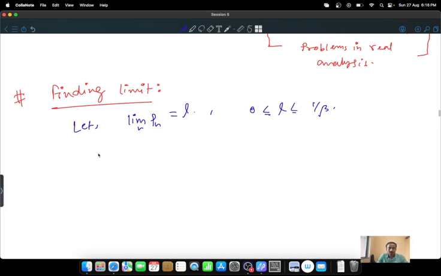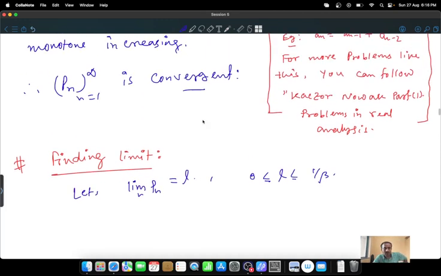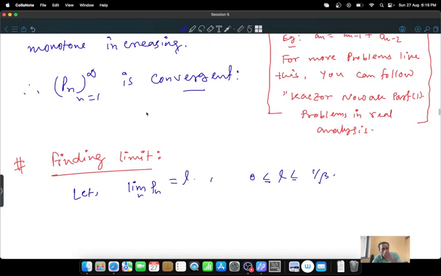One thing that I want to say: whenever you get a sequence which is bounded and monotone, if it is increasing, then it converges to its supremum, because if you look at the set of Pn, it is a bounded set, it has a supremum, so the sequence Pn will converge to the supremum, and if it is decreasing, then it converges to the infimum.